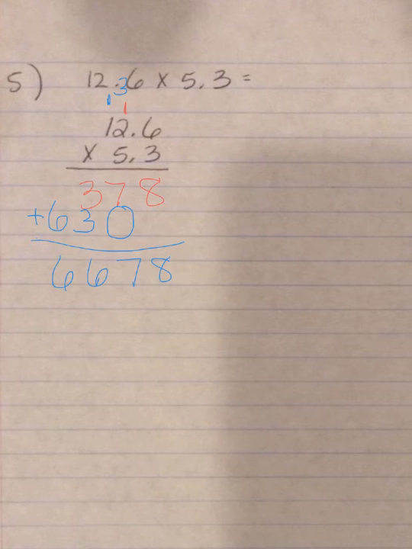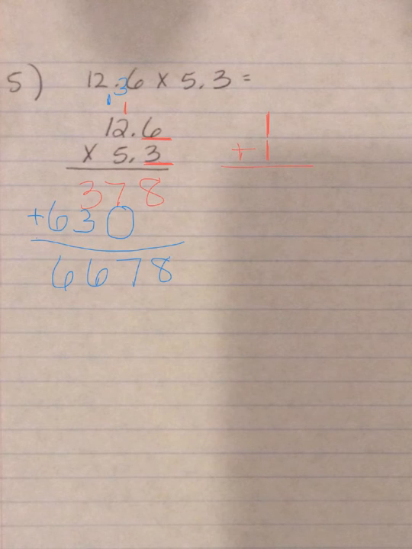Now, my answer isn't very reasonable right now because my answer is 6,678. But when we check it for reasonableness, you'll see that that doesn't make sense because I have not moved my decimals yet. So I am going to go back to the first factor, and I'm going to say, okay, 12.6 has one place to the right of the decimal. 5.3 has one place to the right of the decimal.